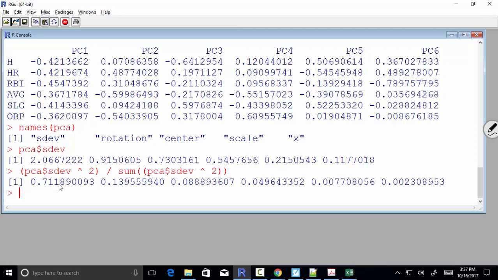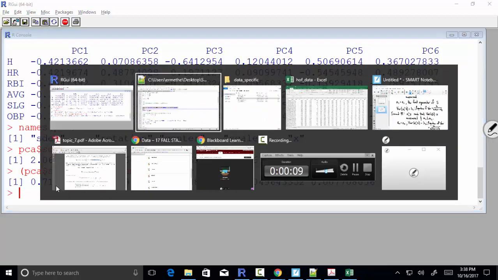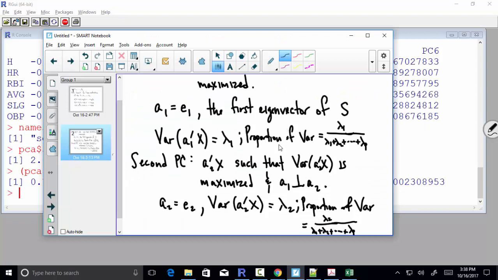The first principal component explains 71% of the total variance. The proportion of variance explained by the first principal component is the ratio of the eigenvalue to the total variance. Remember that the sum of the eigenvalues is the same as the sum of the variances.